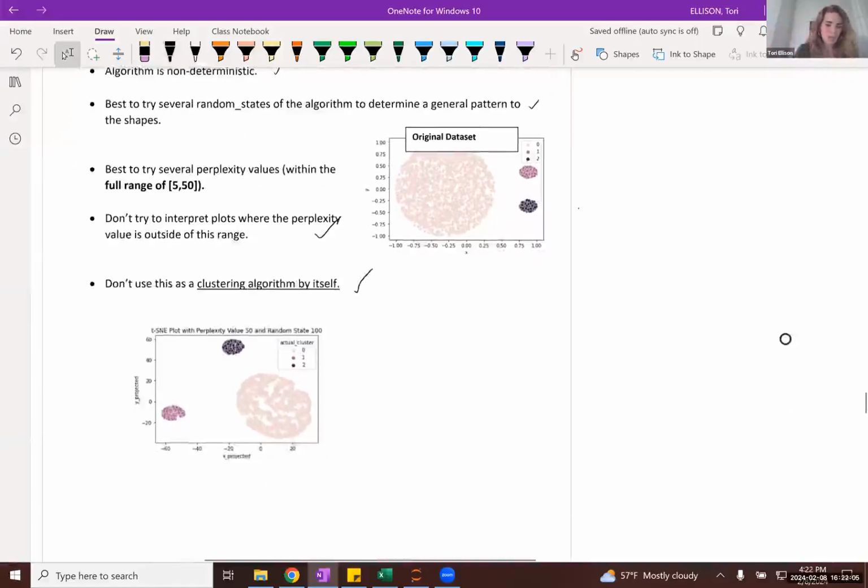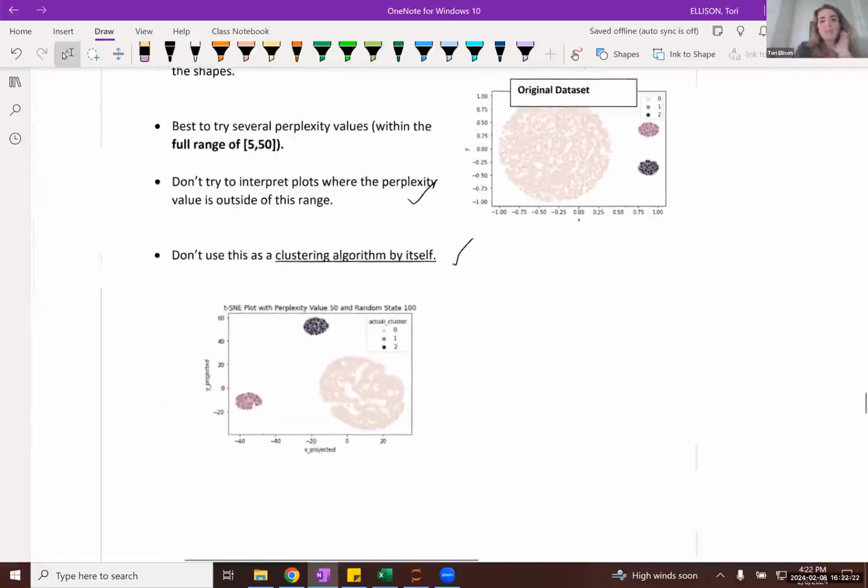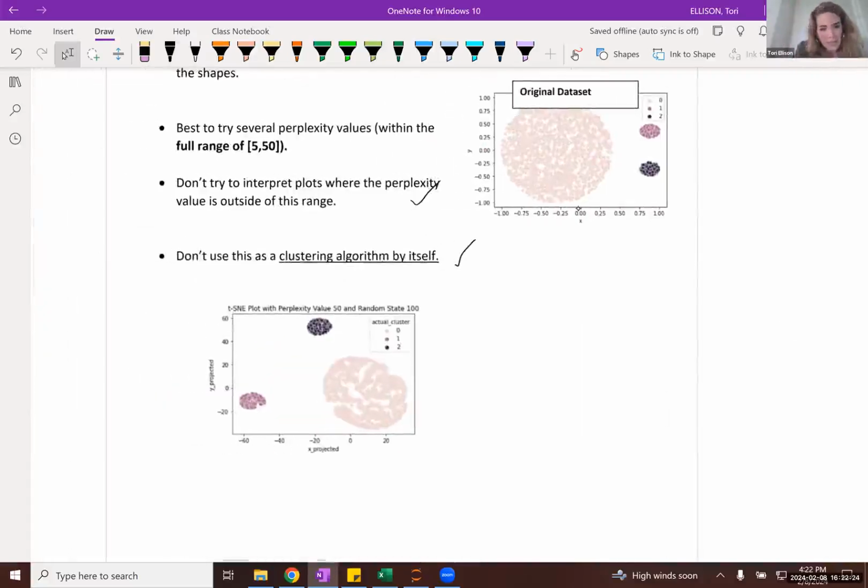It is a dimensionality reduction algorithm that basically can be a useful aid when it comes to double checking or corroborating the results of an actual clustering algorithm like k-means. And the reason why is, again, because the TSNE algorithm skews or does not faithfully represent the pairwise distances between pairs of points.